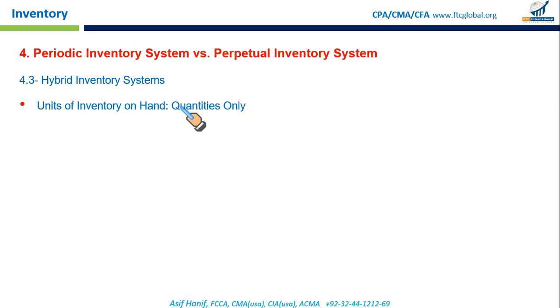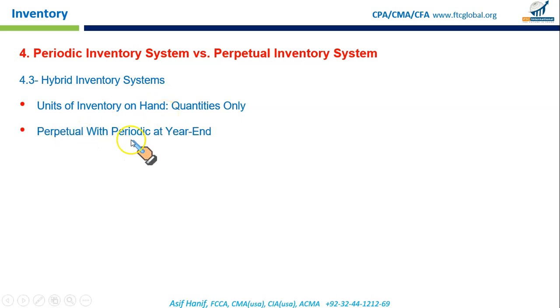So you can say this is a kind of modified perpetual system in which quantities are maintained in the inventory system, and then valuation is done later on, where the record simply is updated after each transaction, but the dollar amount is not tracked continuously, right?